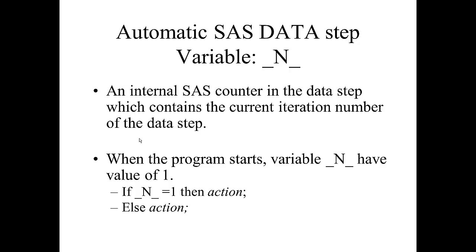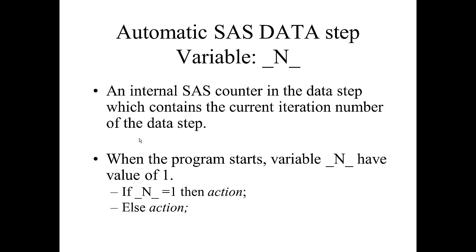It's an internal SAS counter which contains the current iteration number of the data step. So when the program starts, the variable _n_ has a value of 1. And each time SAS goes through the data step and processes a subsequent observation, this counter gets bumped up by 1.